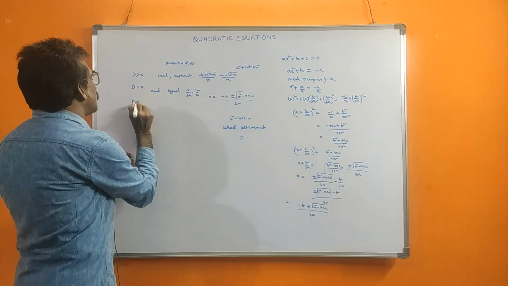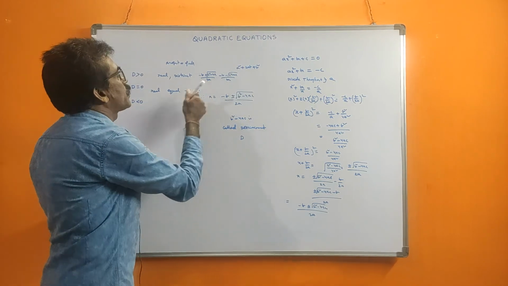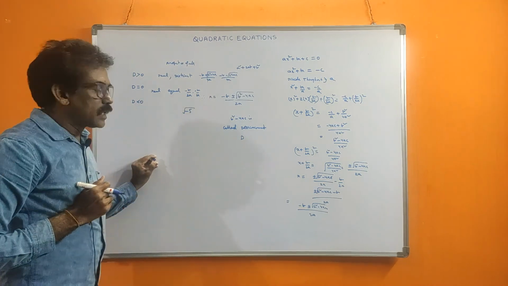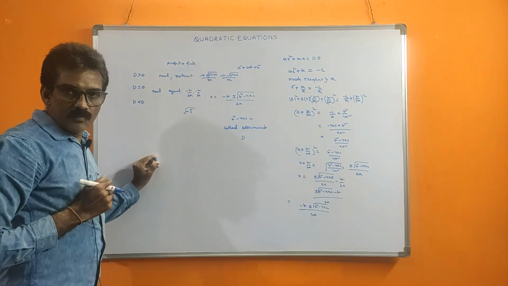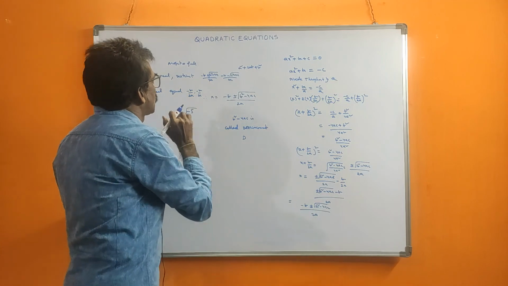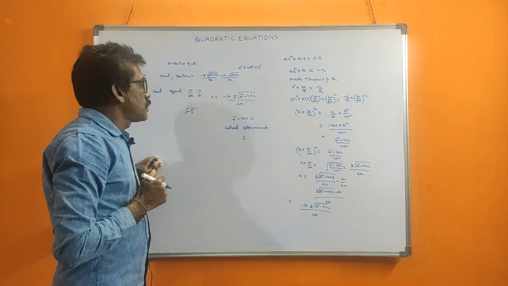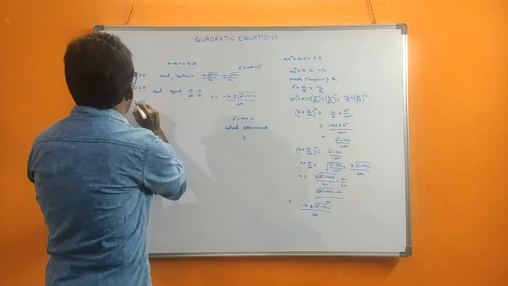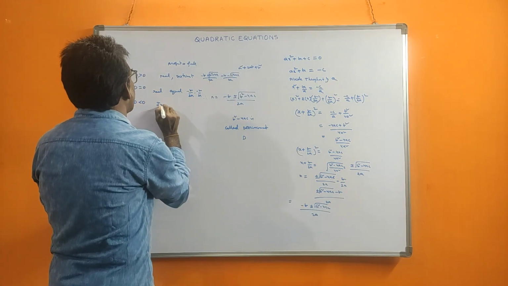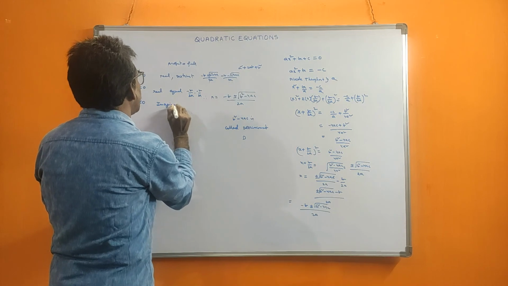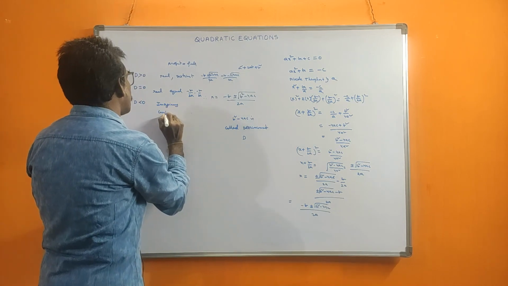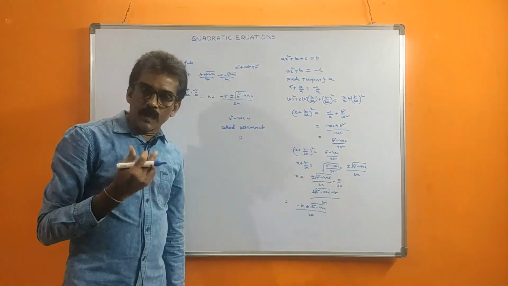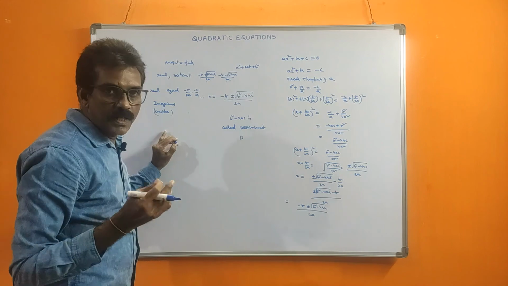If D is less than 0, for example the root of minus 5, that is another kind of number called an imaginary number or complex number. So the roots are not real. Complex numbers are a chapter in intermediate level.